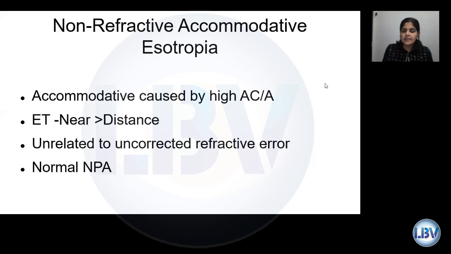And typically in these cases, you see a normal near point of accommodation. The reason I mentioned a normal near point of accommodation is because this will help you differentiate this from a hypoaccommodative esotropia, where you have a reduced near point of accommodation.